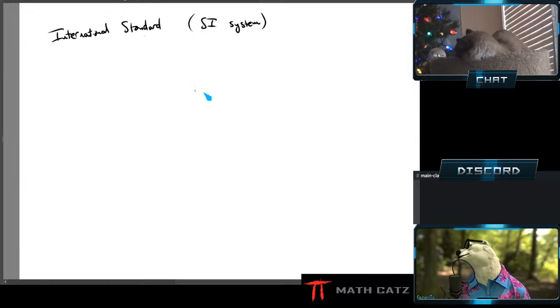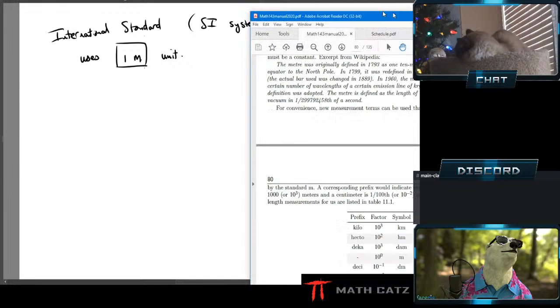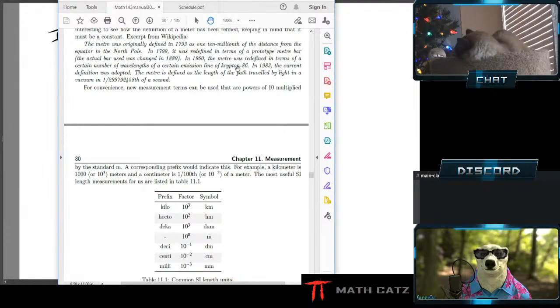Now, I'm not going to write them all, but let's say it uses 1 meter unit and builds on that. Now, the meaning of exactly what 1 meter is, that changed over time as well. I'll show you a little blurb here. You look it up on Wikipedia, which is what I did.